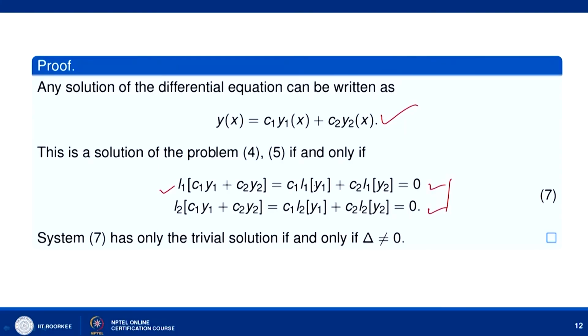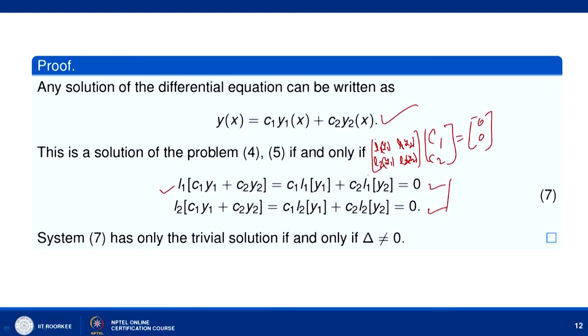Let me write this equation: it is like Ax = b kind of thing. Here we have C1, C2, and here we have L1 y1, L1 y2, L2 y1, L2 y2, and here we have 0, 0. So we have Ax = 0 kind of thing.